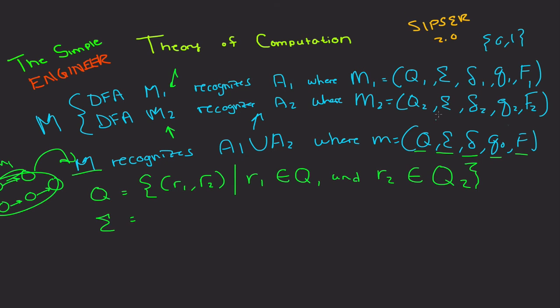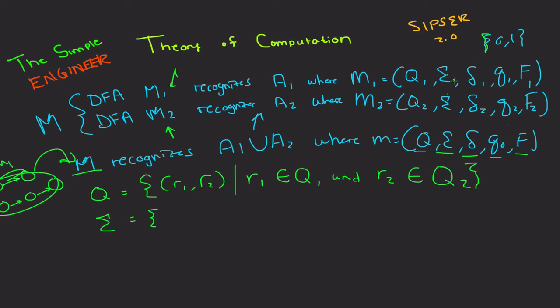So now we have sigma. Well, we made it easy. The sigma is the same. It's 0, 1. Or hypothetically speaking, it's whatever sigma we use in this example. Since this is a general example, we're just saying that the sigmas are the same.